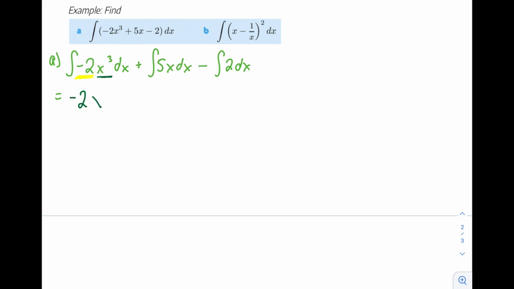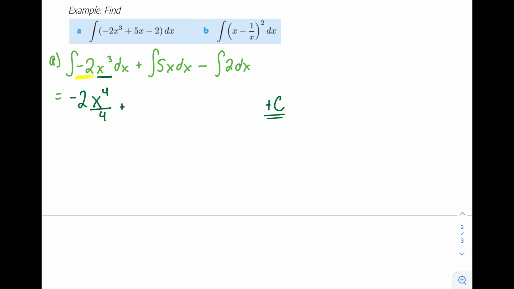The integral of x cubed is x to the power of 4 over 4. I could decide to write a plus c for every single one, or I can simply have a plus c at the end, which is going to encompass all the constants added together. So that's what I'm going to decide to do. I'm going to put the plus c at the end.